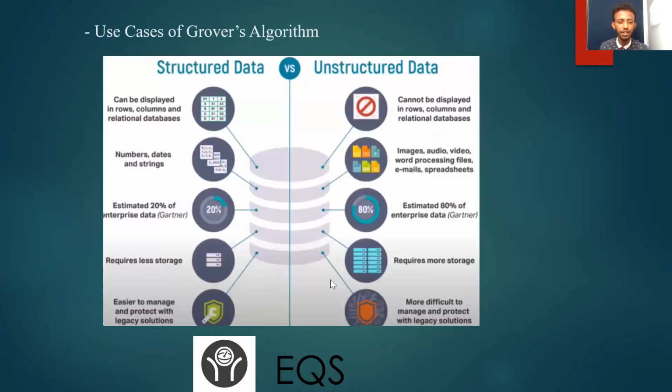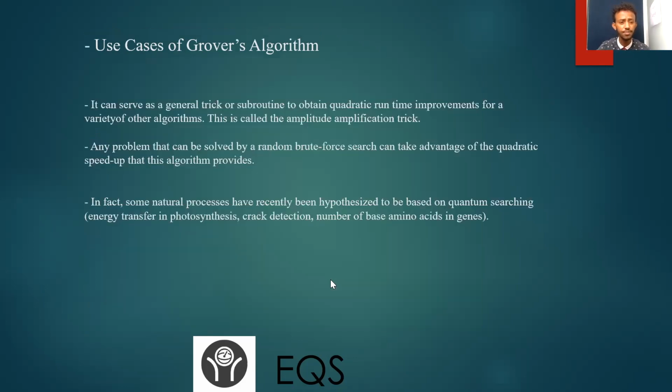As we know, the world is getting more and more technologically advanced, and there is a lot of data coming from Internet of Things devices. So using Grover's algorithm would help us sort unstructured data coming from different sources, including images, audio, video, word processing files, email, and spreadsheets being recorded from different tech devices.